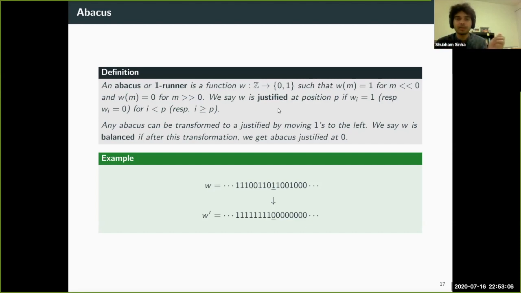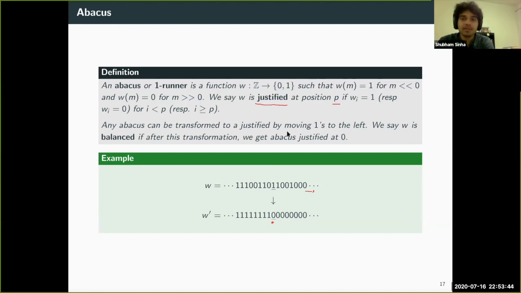So it's a 0-1 word which stretches in both directions, with the constraint that far to the right it's all zeros, and far to the left it's all ones. An abacus is said to be justified if there is a position to the left of which it's all 1s and to the right of which it's all 0s. We call that position the position of justification.